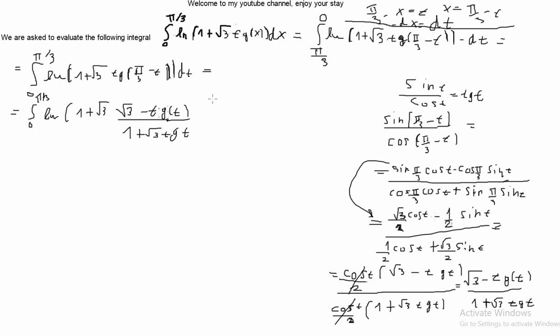This times this will be 1 times 1, that's 1, plus 1 times this is square root of 3 tangent of t, plus square root of 3 times this, so this is 3 minus square root of 3 tangent t.